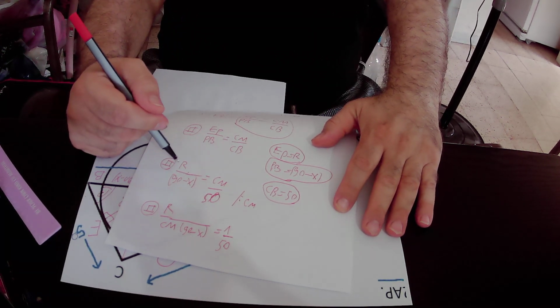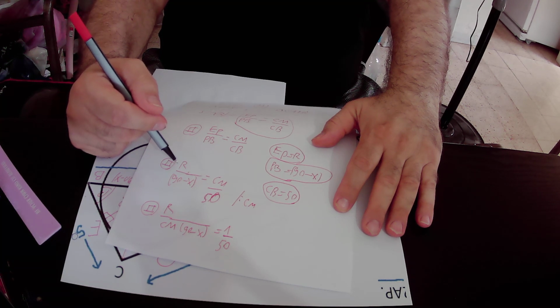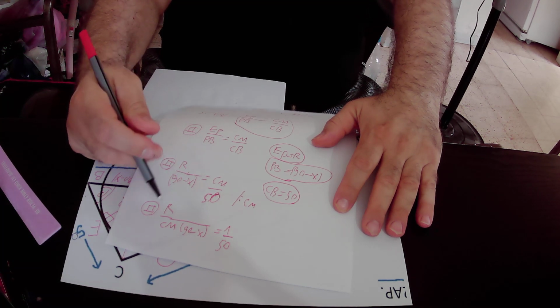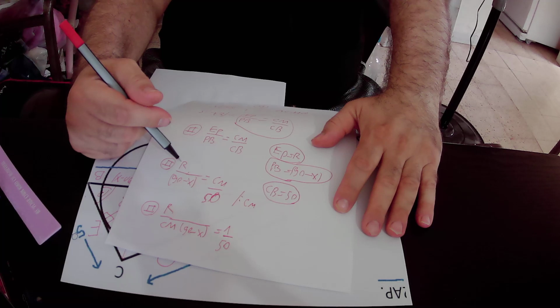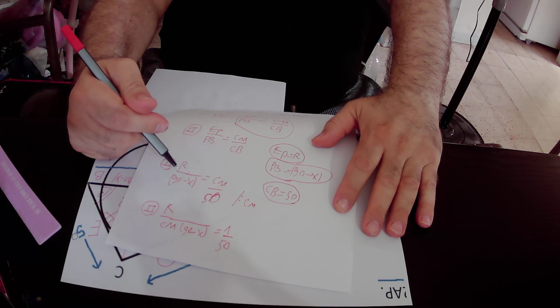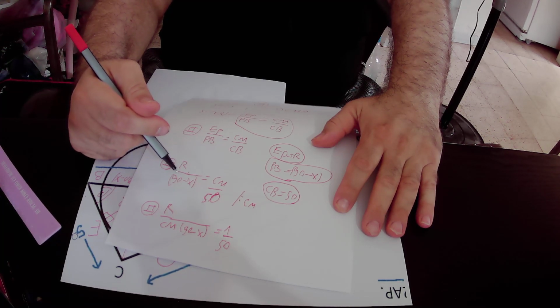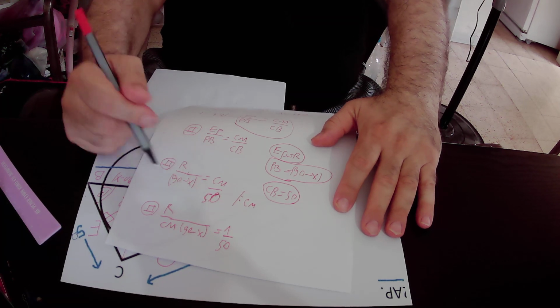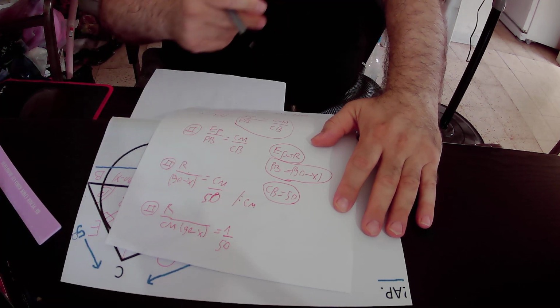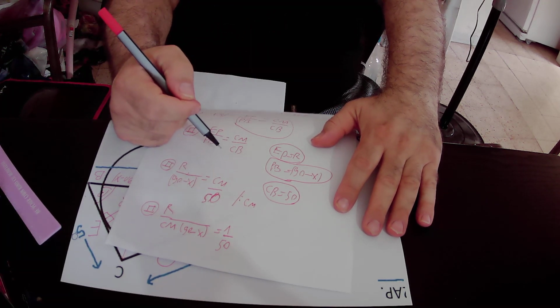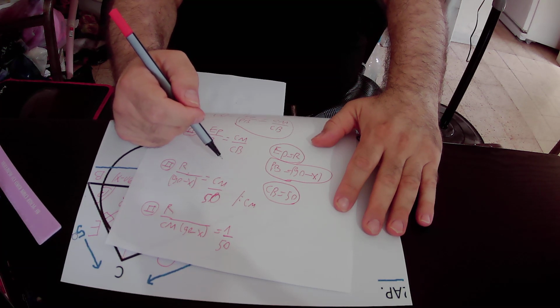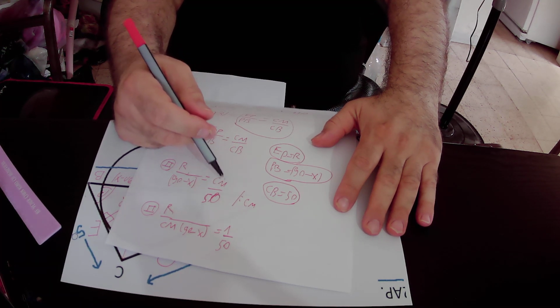So in this side of the equation, R over 90 minus x divided by CM equals R over CM times 90 minus x. And in this side of the equation, CM divided by CM equals 1.